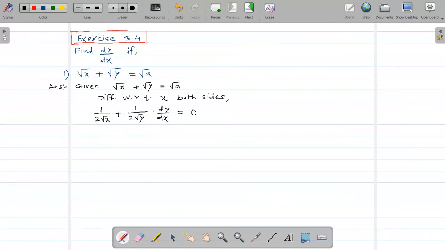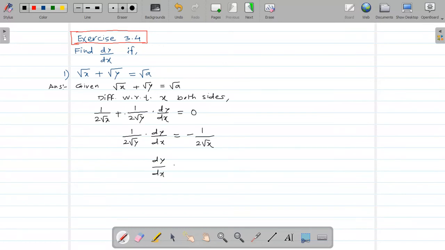Now the derivative is completed. Try to find dy by dx. For that we transfer this 1 upon 2 root x to the right hand side. So the left hand side will be 1 upon 2 root y into dy by dx is equal to minus 1 upon 2 root x. So what will be dy by dx?